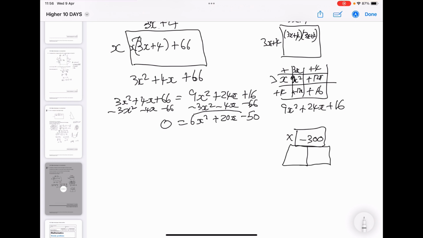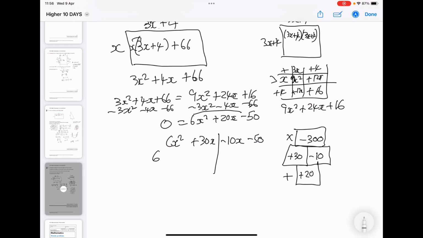They add together to make 20. And what I can see is that is 30 times minus 10. Gives me that. So what I've got is 6x squared plus, split in the middle term, plus 30x, take 10x, take 50.